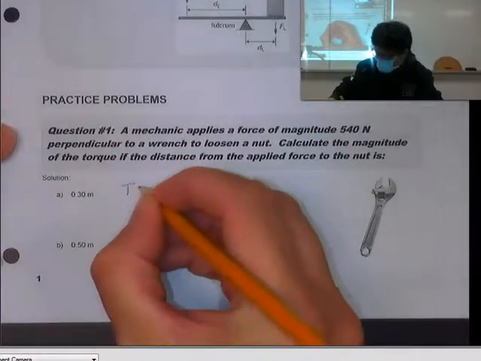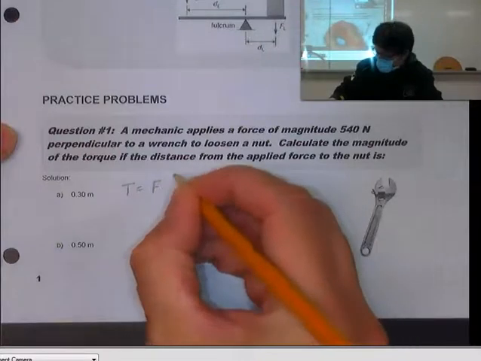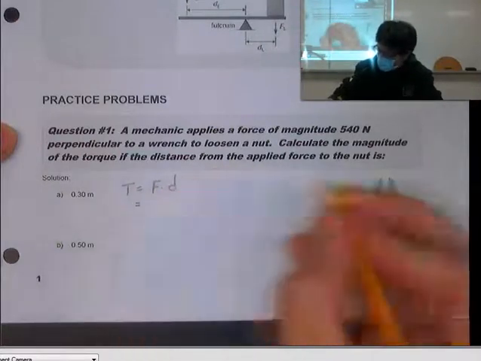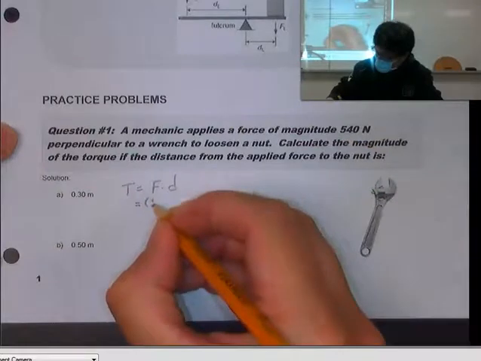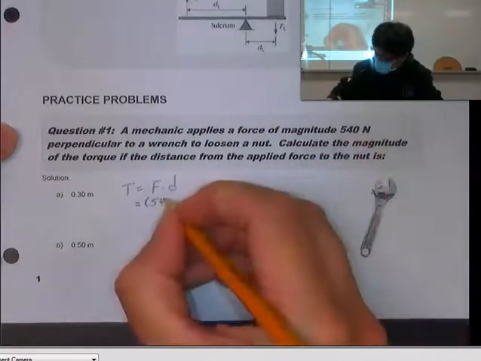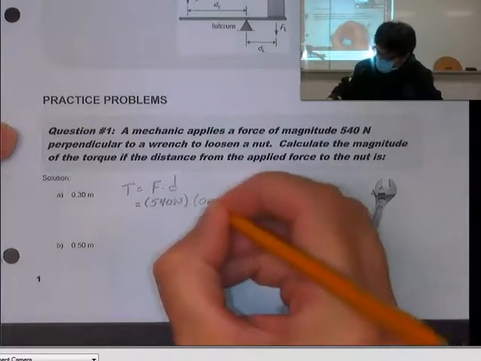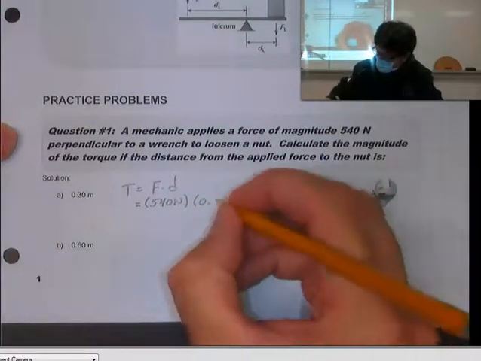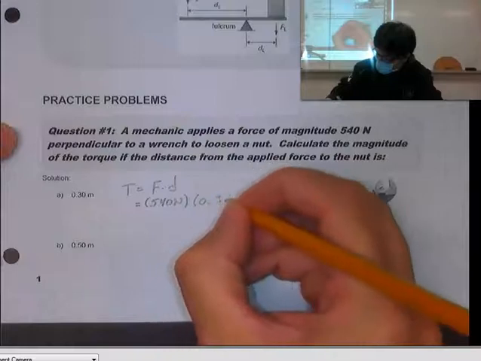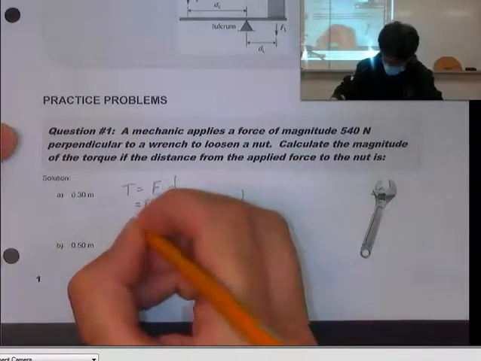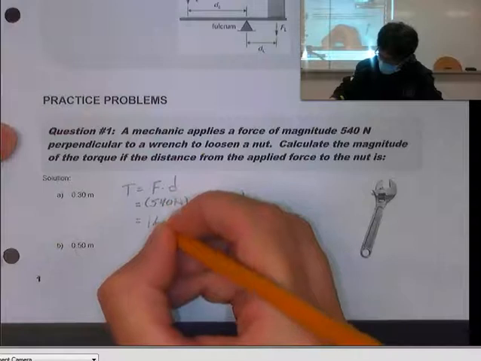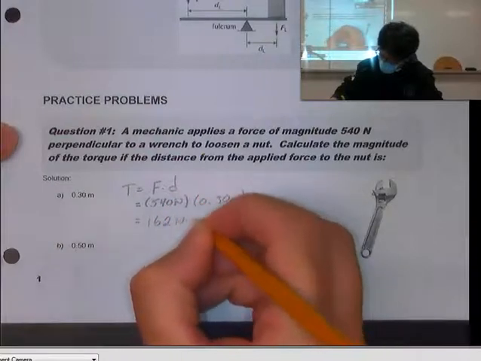Torque with our equation is just force times distance. Our force is 540 newtons. Distance is 0.3 meters. Remember to keep it in meters, not centimeters or anything else. And we get a torque of 162 newton meters.